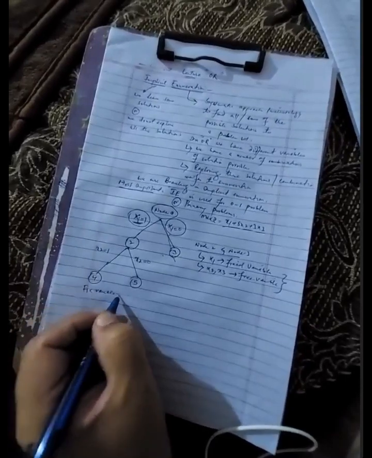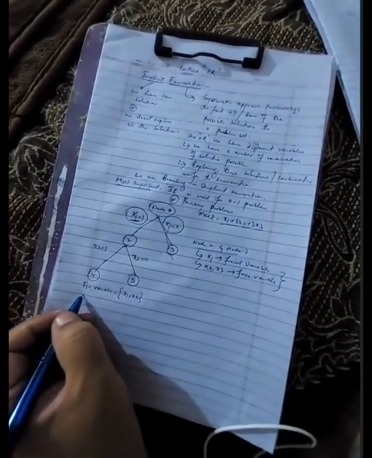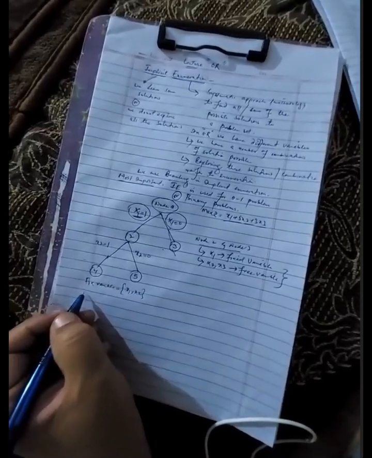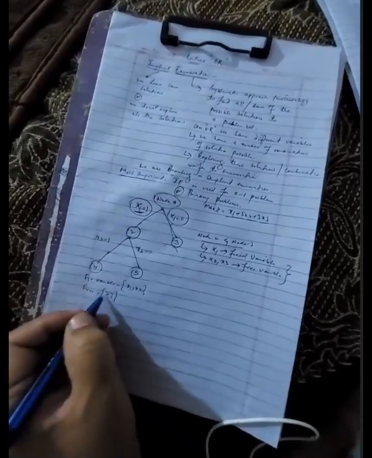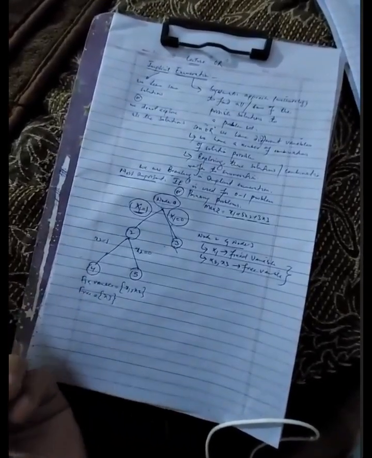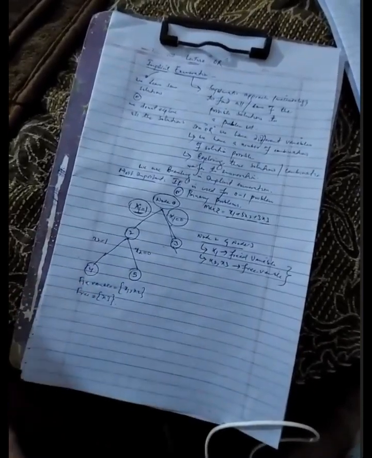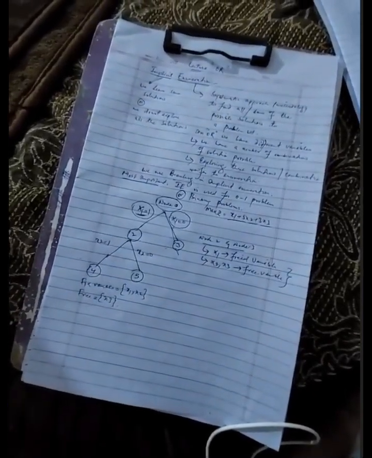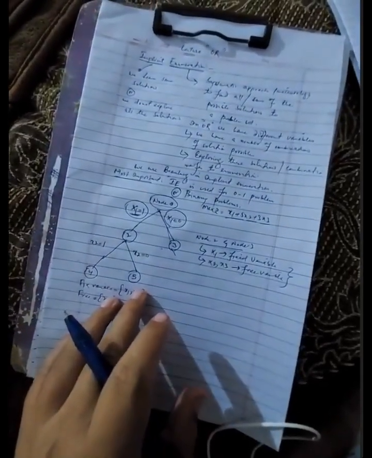The fixed variables over here will be x1 and x2, and the only free variable will be x3. X3 can attain either value 0 or 1. Okay, and we then explore node 2, node 4, and node 5 over here. So this is the basic concept of implicit enumeration.